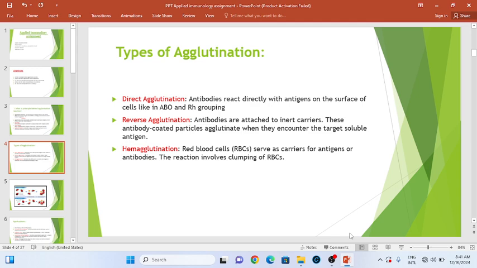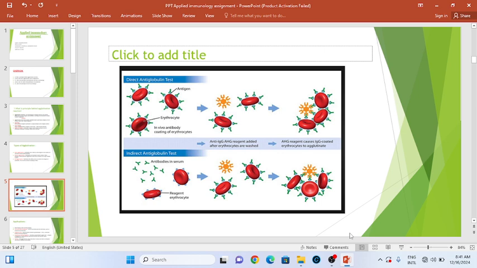Hemagglutination is agglutination where we use red blood cells as carriers of antigen to make a reaction between antigen and the RBCs, or red blood cells. Here I have an image showing those types of agglutination and their procedures. Direct is where we take antibody and bind it to antigen directly to make the clump. In indirect, we use antihuman globulin.